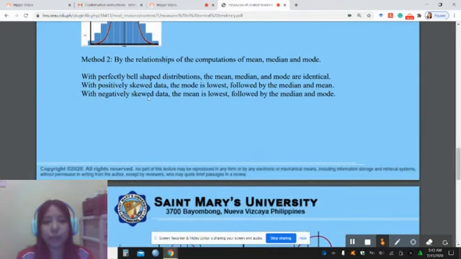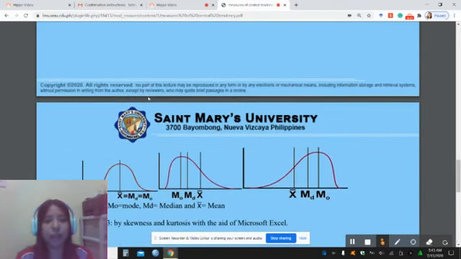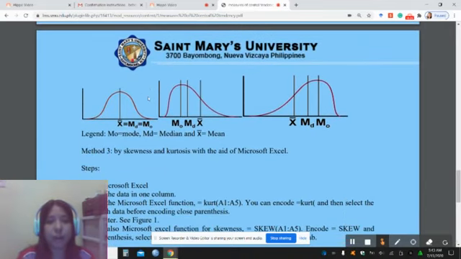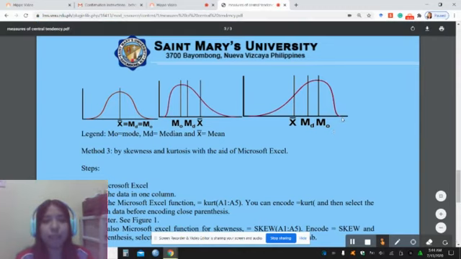Or you can compute for the mean, the median, and the mode and compare the values. If the values are approximately equal, it is normally distributed. But if the highest value is mean and the lowest is mode, it is positively skewed. If the highest value is mode and the lowest value is mean, it is negatively skewed.